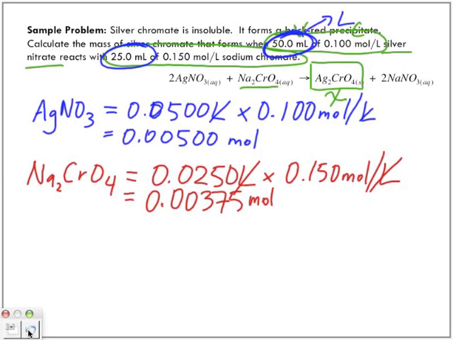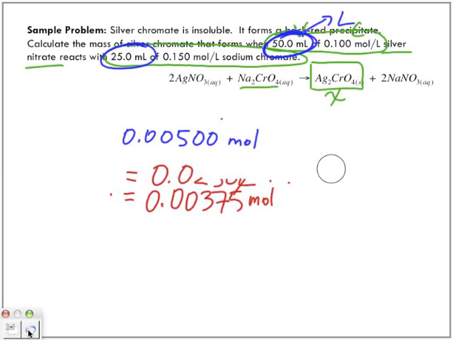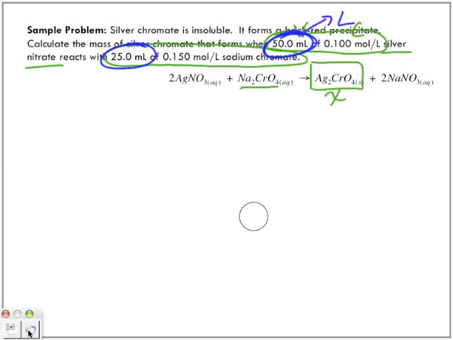So what we want to do is figure out which one of these is the limiting reactant, or the limiting reagent. I'm going to erase some of this information and put this work aside. We're going to label it on the actual equation itself, so we can see what these parts are equal to.